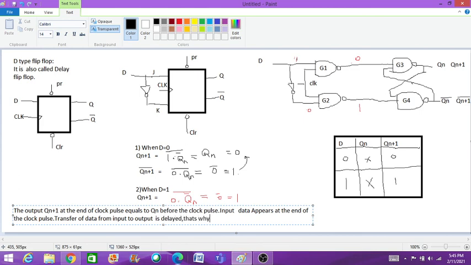That's why this circuit is called a delay or D flip-flop. So this is all about the D-type flip-flop.